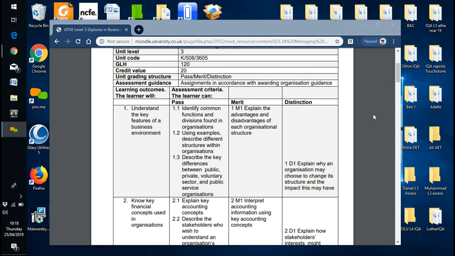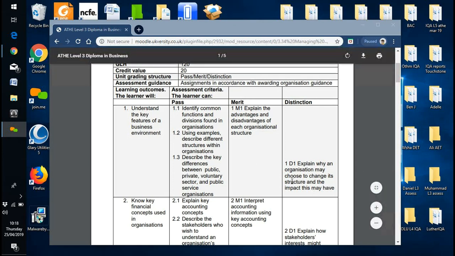Now I'll come back to those in a while, but again, for a merit you need to look at the advantages and disadvantages of each of the structures that you've mentioned in the past section. And in the distinction section, it's explained why an organisation may choose to change its structure and the impact it may have.